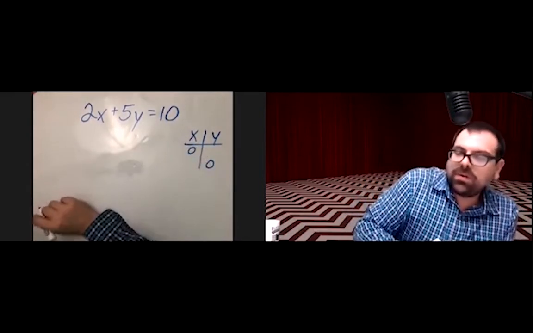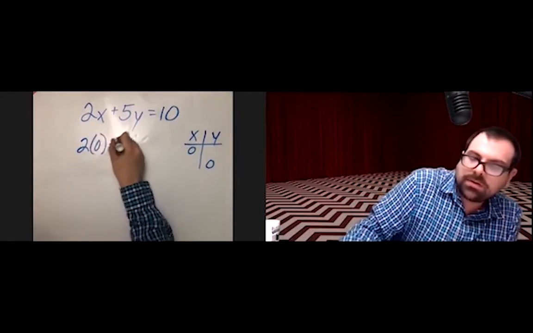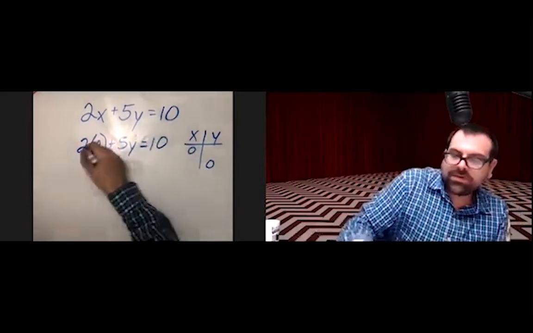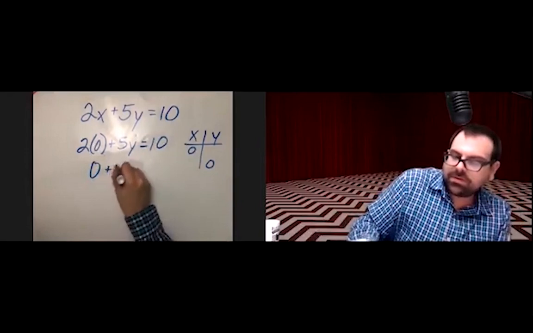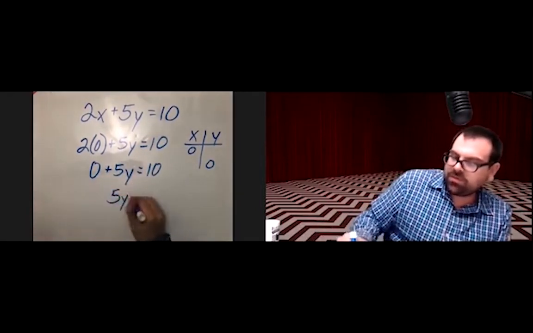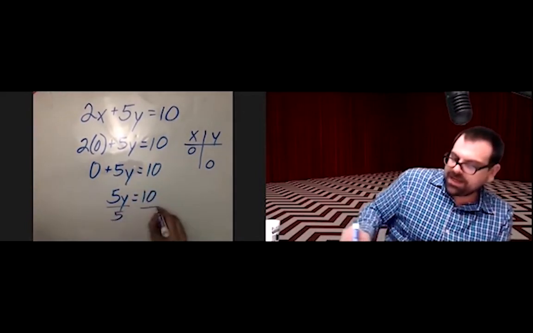If we plug 0 in for x, two times 0 is 0. 0 plus 5y is just 5y. Divide both sides by 5.